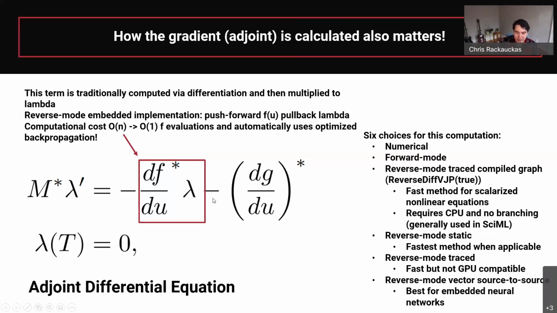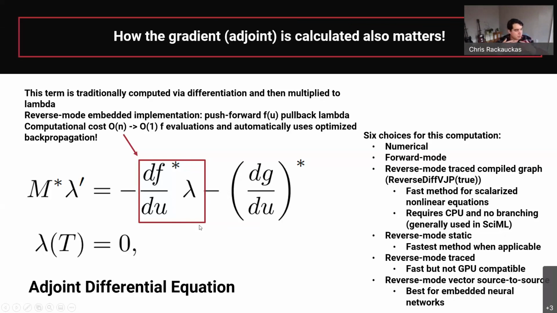automatic differentiation. But the key here is that you can do this by using what's known as a vector Jacobian product, or you can do this without ever calculating the full Jacobian if you have reverse mode primitives available to you.